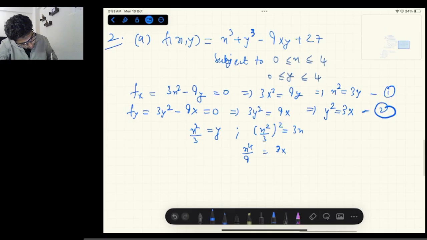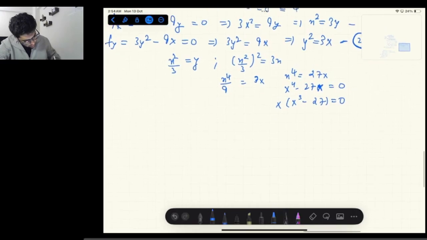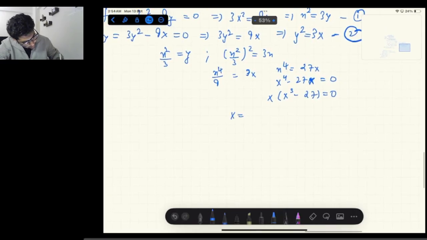If I just take this to the other side, this gives me x to the power 4 is equal to 27x. So x to the power 4 minus 27x is equal to 0. If I take x common, this gives me x times x cube minus 27, which is equal to 0. So from here I have 2 points, x is equal to 0 and x is equal to 3, right?